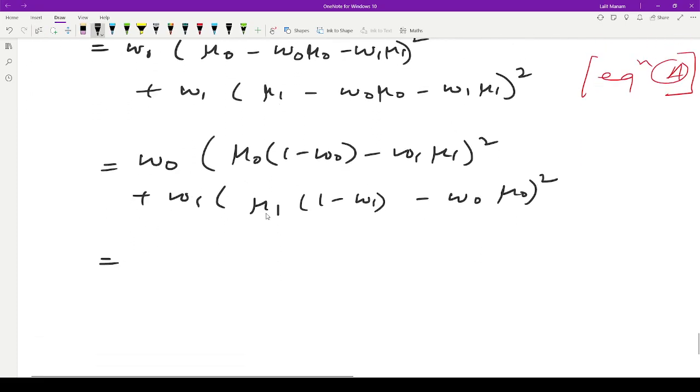So once we have this, what can be done? W naught times, this is what? 1 minus w naught is? Can anyone say that? What is w naught and what is w1?